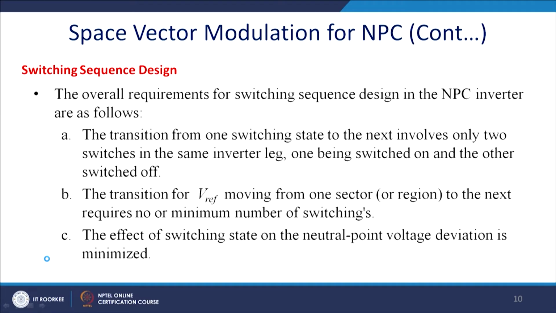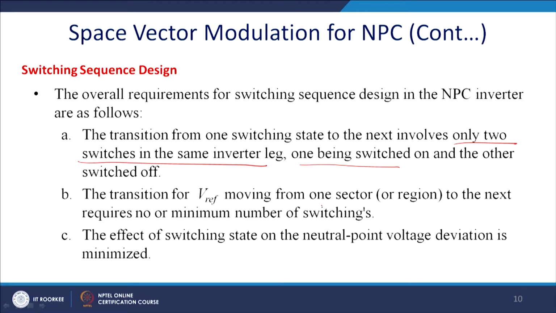The overall requirements for the switching sequence design of the NPC inverter are as follows, just briefing how we require to do that. The transition from one switching state to the next involves only two switches in the same inverter leg. That is what we have done: though it was a 3-level inverter, in a particular hexagon it behaves like a 2-level inverter, with one leg being switched and other legs not.